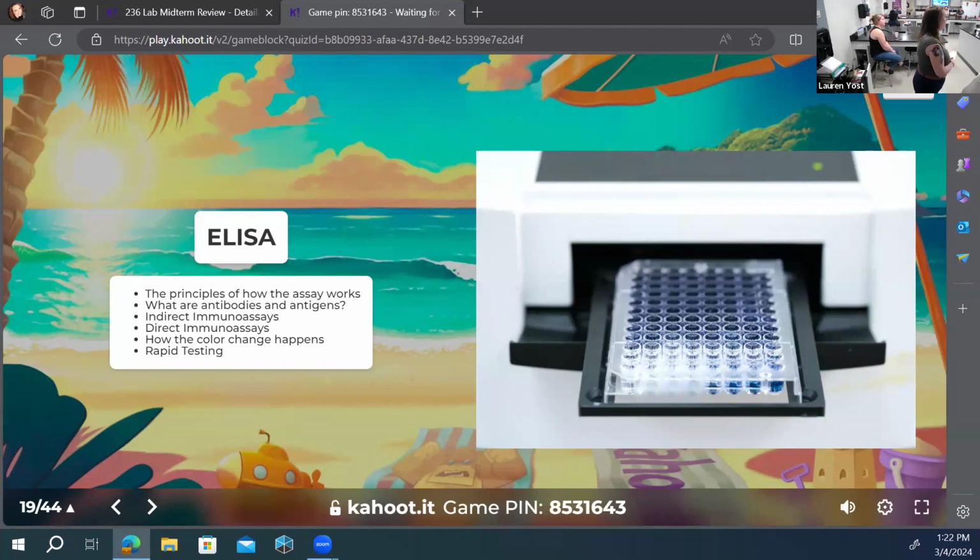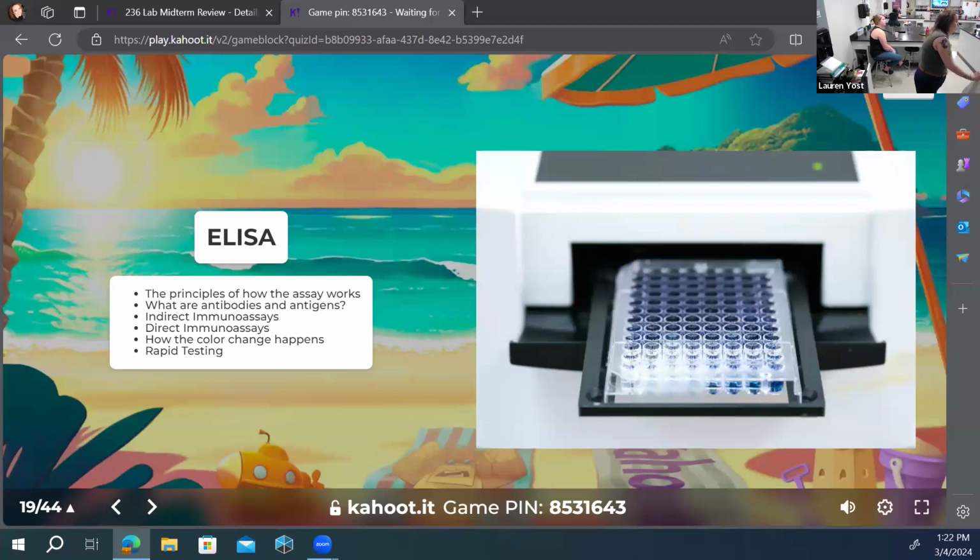Antibodies will react specifically to an antigen, and there's usually no cross-reacting between them, so it can be very specific in how they can be used to diagnose things. Indirect versus direct: we just said indirect, which is like the ones that we actually practiced in class. Those we're looking for antibody in the patients, as opposed to the direct, where we had that sandwich looking for the presence of the antigen in the middle.